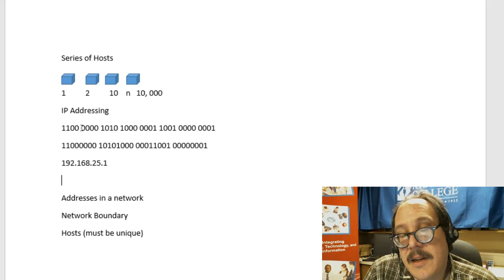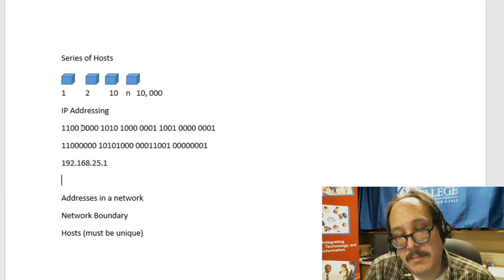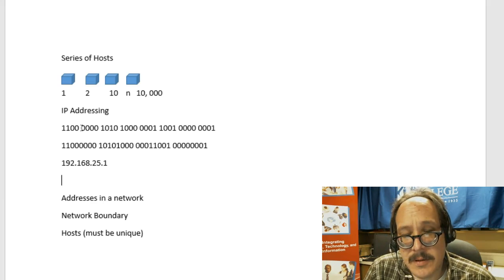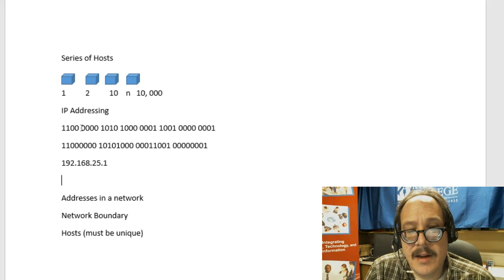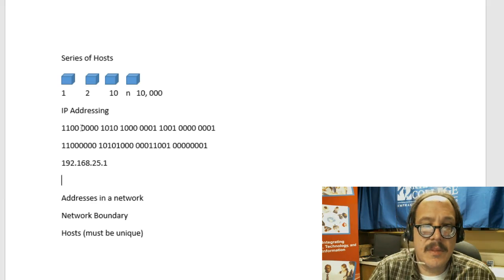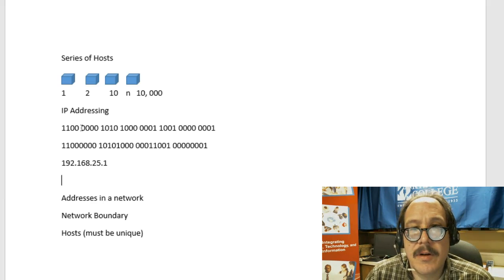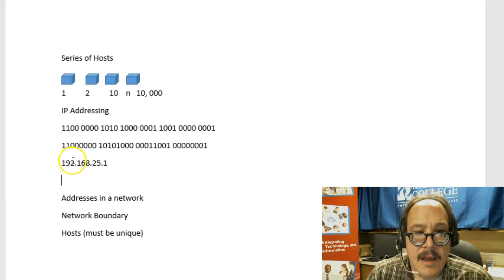But that doesn't mean that each host has to have a unique IP address off the network, because there could be multiple uses of it. It's not globally unique. The MAC address on the network interface is globally unique, but this is not. This is another way to identify that device on a network. We do it with an IP address.